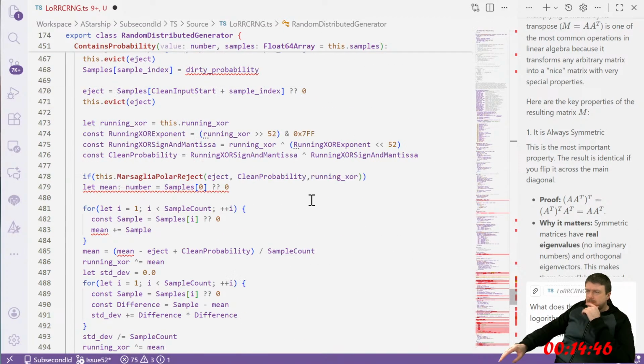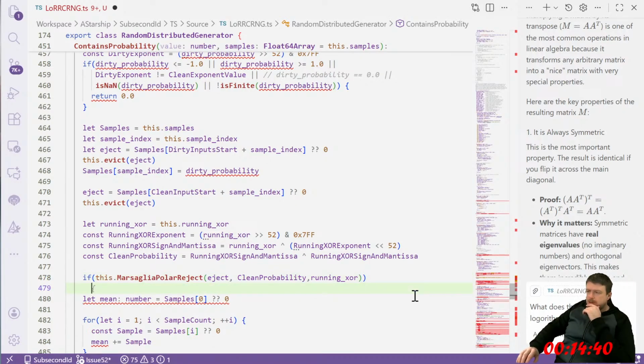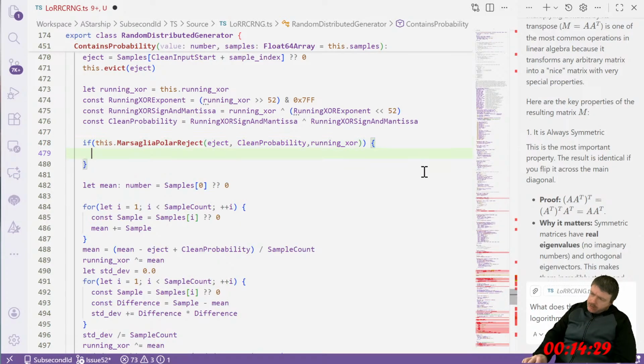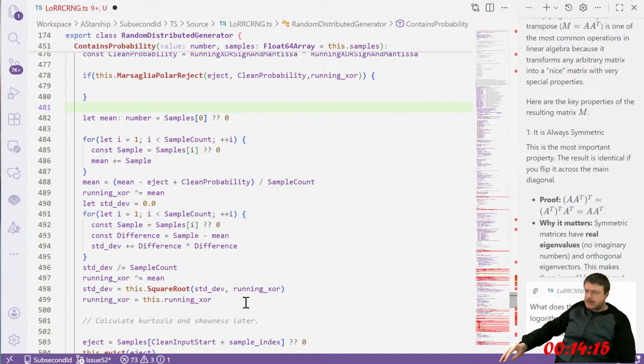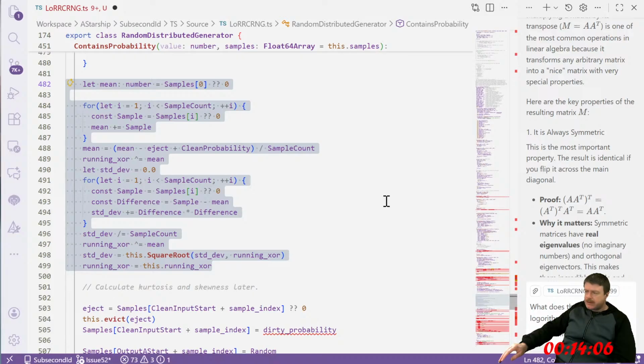What did I just do? I'm lost. So we got a clean probability. I think if I just have... so what am I doing here? So this was the other technique, and I'm not using this technique anymore. So I don't know if I want this. And what's the point of having the last 12 samples?